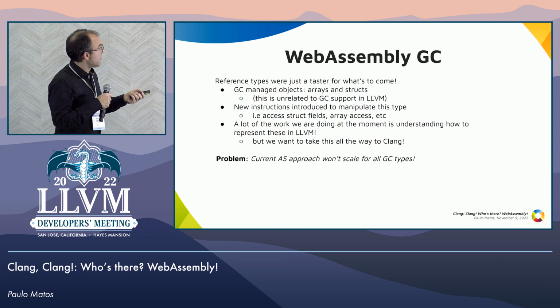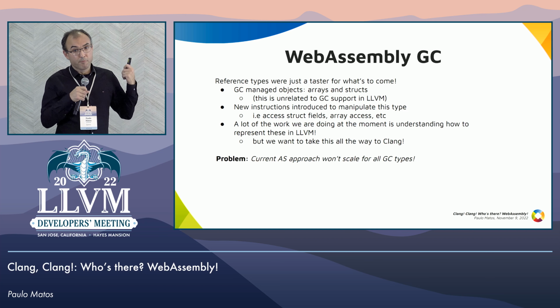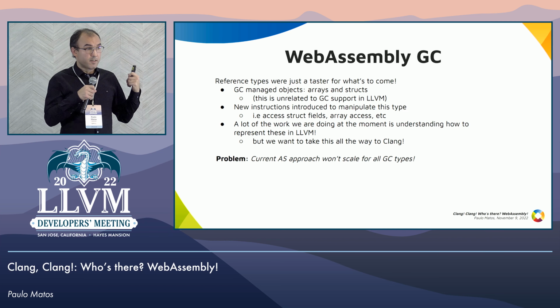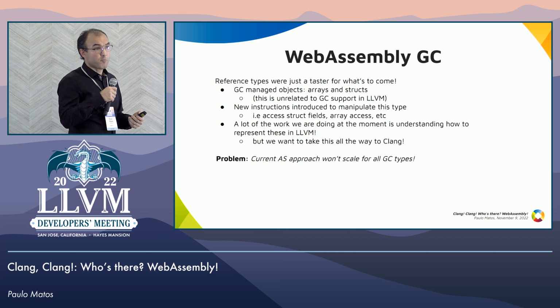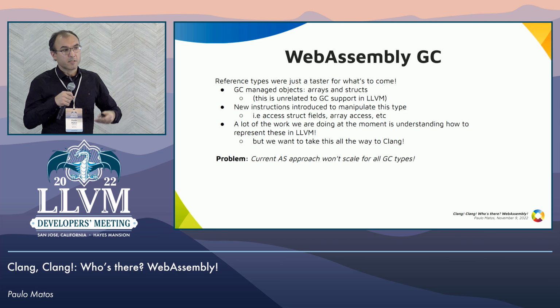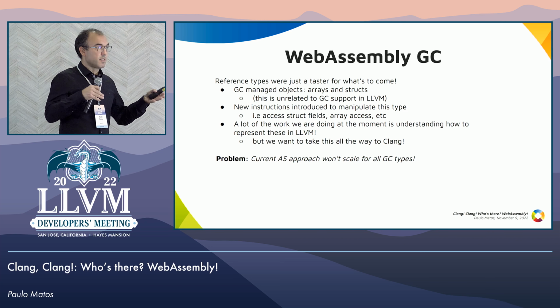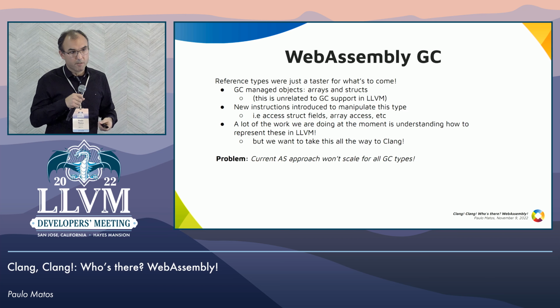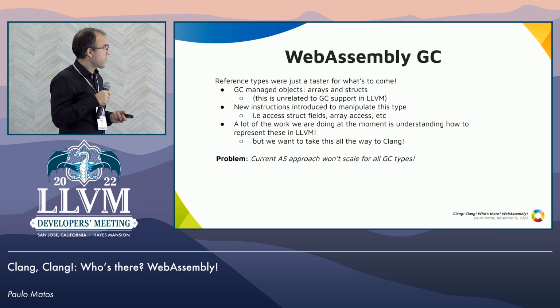So the current problem is that we cannot use the same approach we used before of saying, you know what, there's a new type, there's a new address space. Because, if you think about LTO and everything else, you might have everything in a single WebAssembly module. You might have potentially thousands, not millions, of new types.